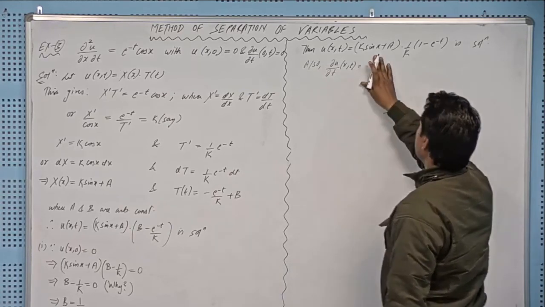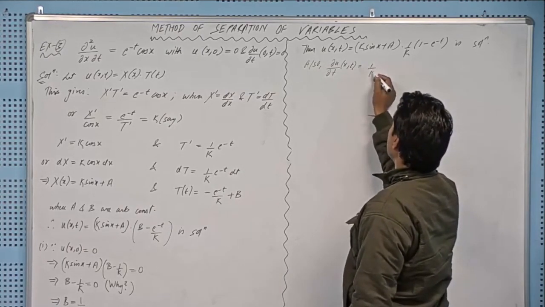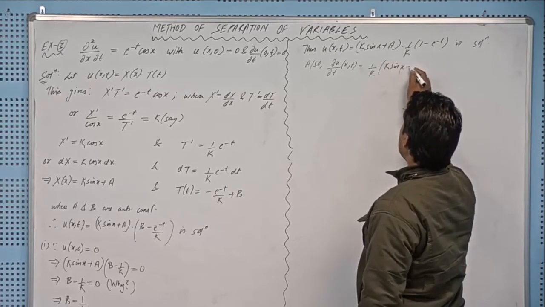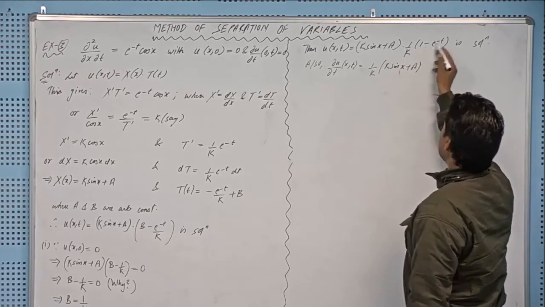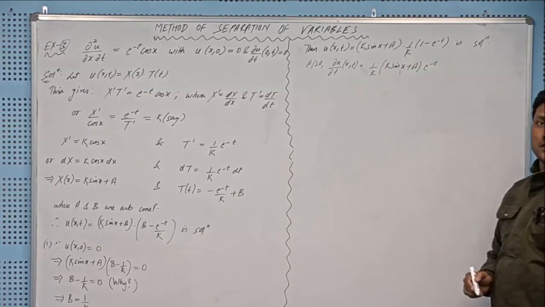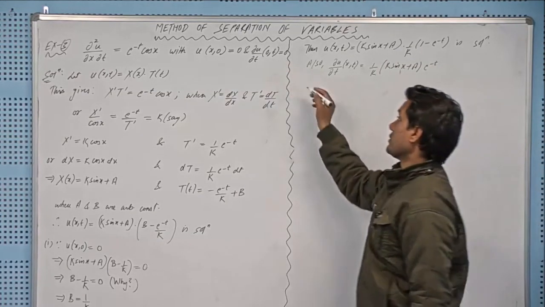Okay. If you differentiate this with respect to t, you will be getting e to the power minus t, I think, right. Okay, then you will use the second condition.